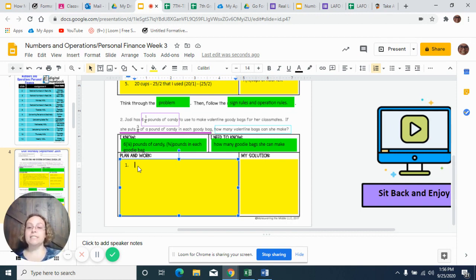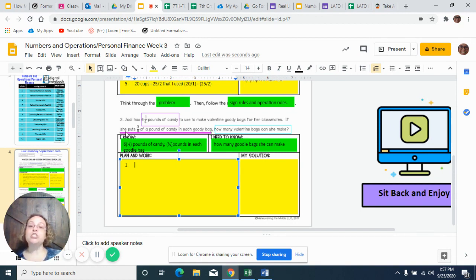So this is what we're going to do. So we know that she has 6 1/4 pounds of candy. And we know that she's putting 3/8 pounds in each goodie bag. So we are going to have to think of it this way. Let's say that I had 4 pieces of candy and I was going to give it to 2 of you and I was going to divide it evenly. What word did I just use? Divide.